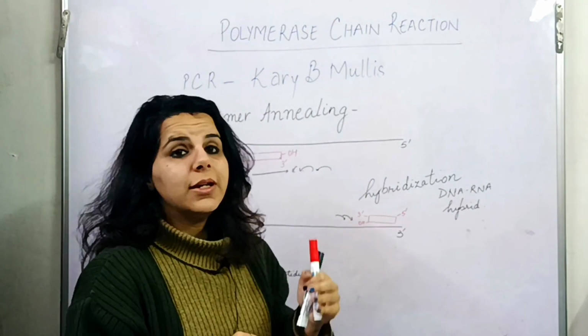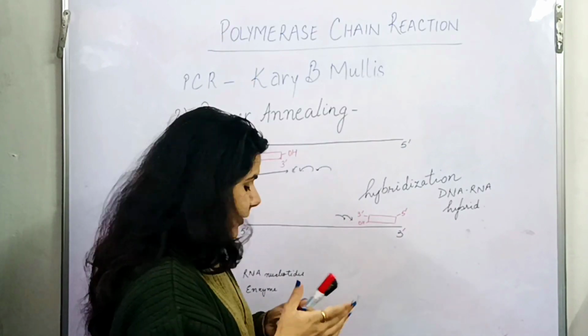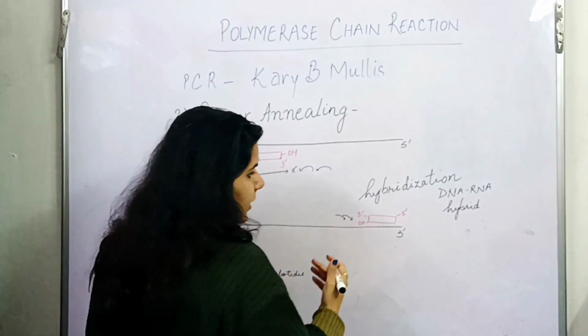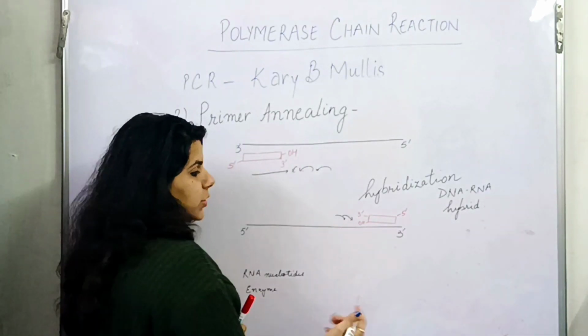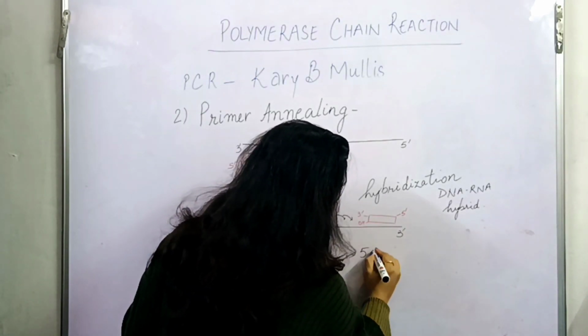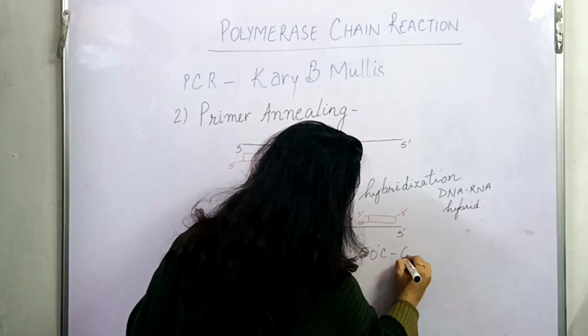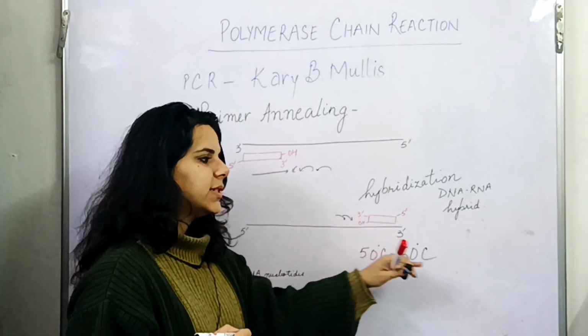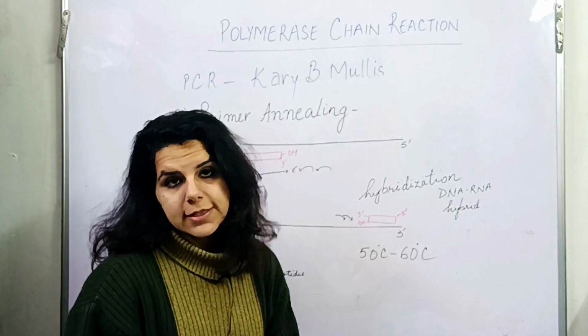Before moving on, let me quickly tell you that this step operates at a different temperature than denaturation. The optimal temperature for this step is somewhere between 50 degrees Celsius to 60 degrees Celsius.